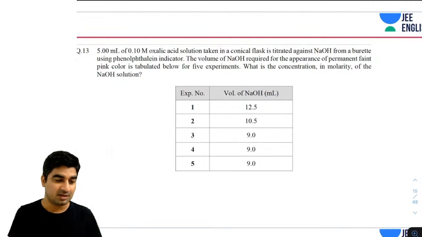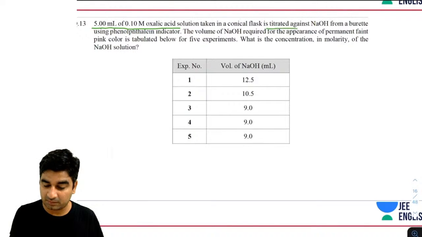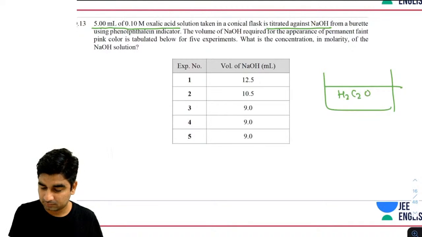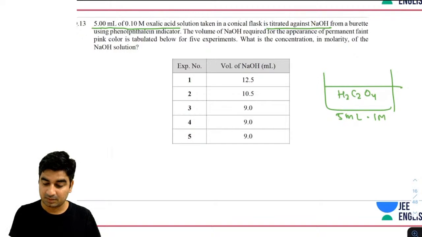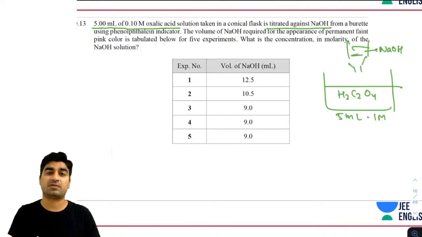Let's discuss it. So here, guys, I'm taking 5 ml of 0.1 molar oxalic acid in a conical flask and you are titrating it. Now you are adding NaOH from the burette using phenolphthalein.